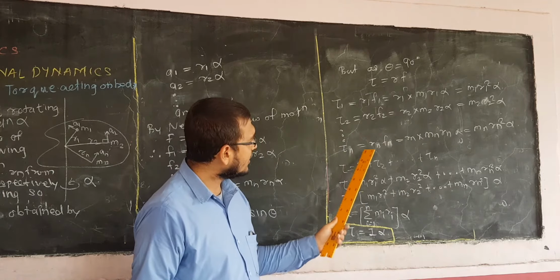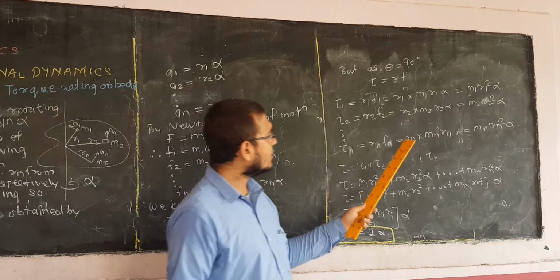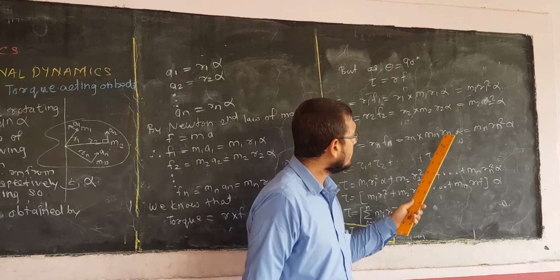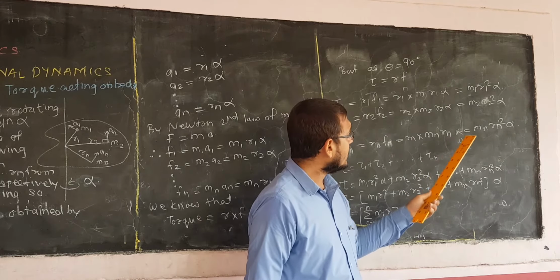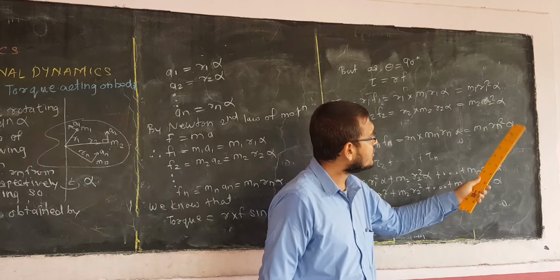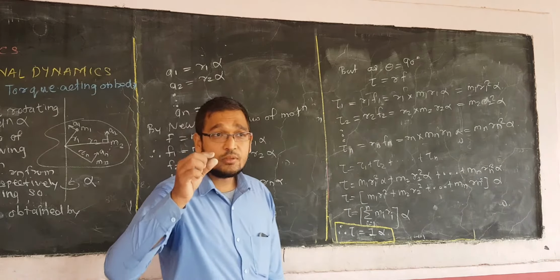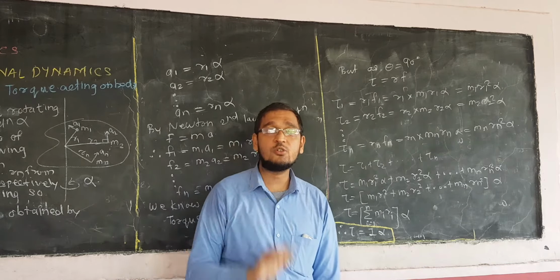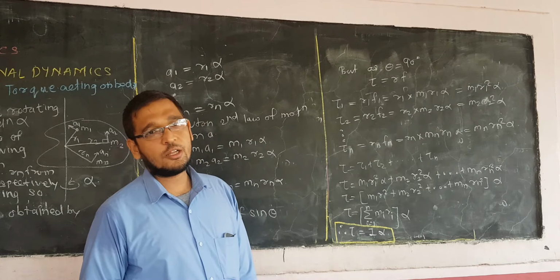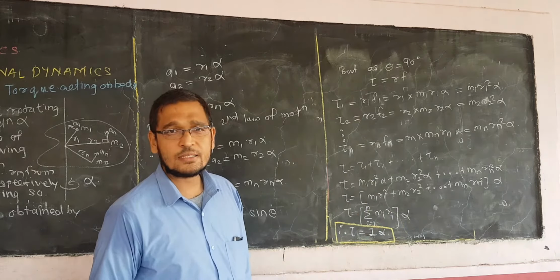Similarly for the nth particle, we have rn fn, that is rn mn into rn alpha, that is mn rn square alpha. Now this is the torque acting on an individual particle.